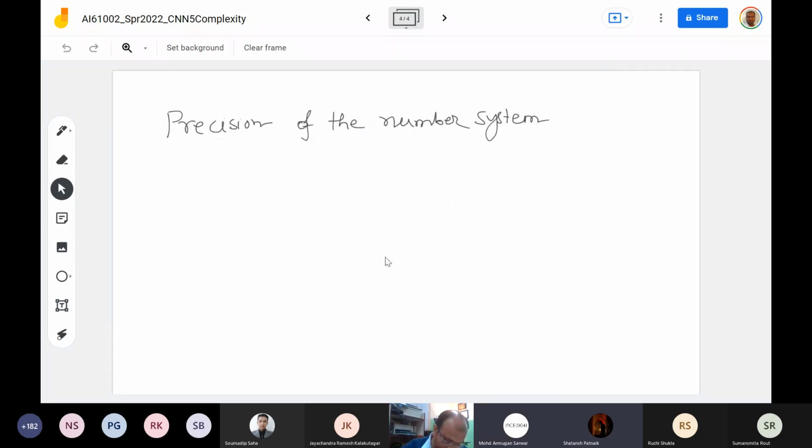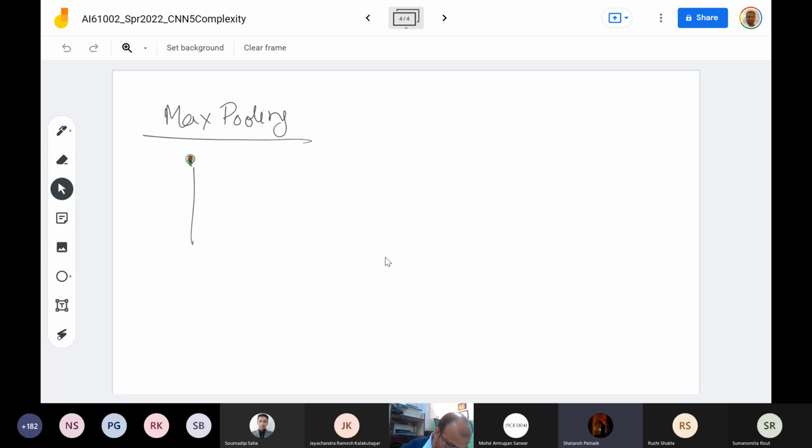No, wait. Let me write and explain. So max pooling, what is it doing? Say I have 2 by 2 max pooling over there. I will get a single sized element.